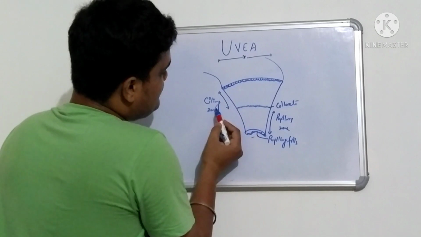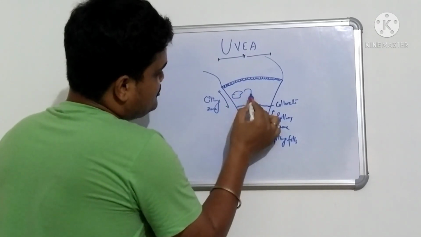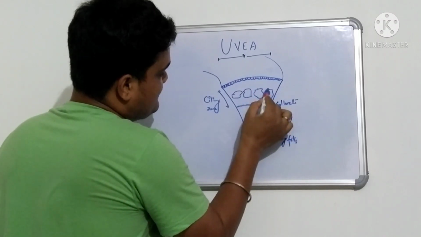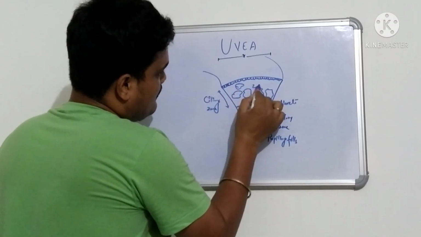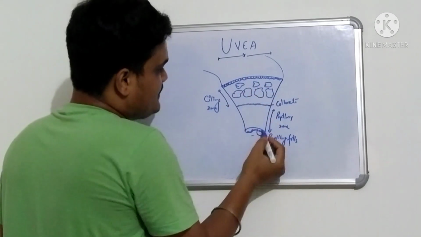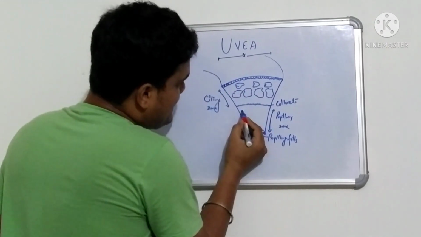Now the ciliary zone has contraction furrows. Contraction furrows help in the contraction and dilation of the pupil.